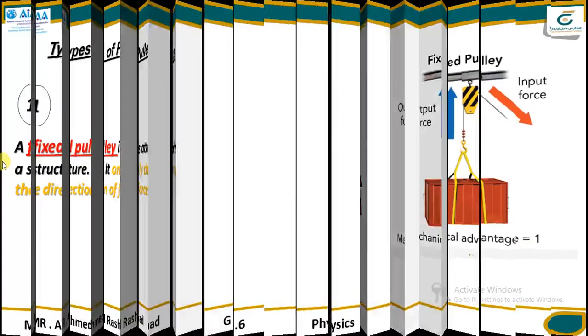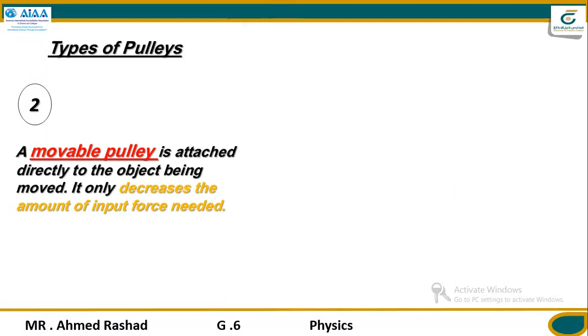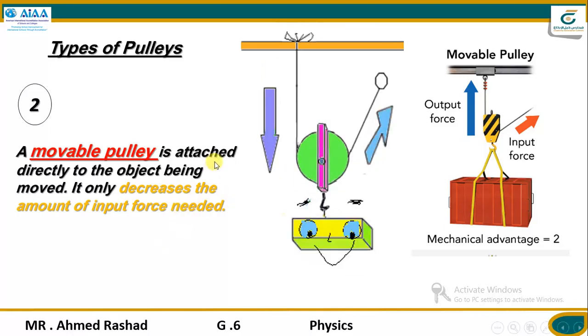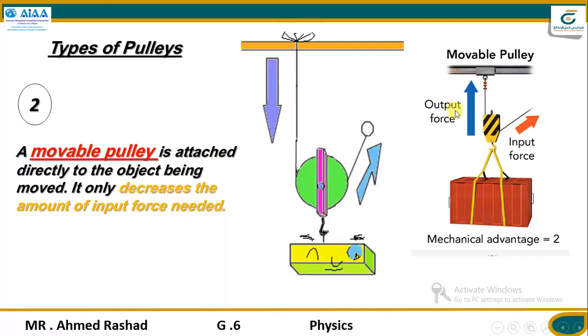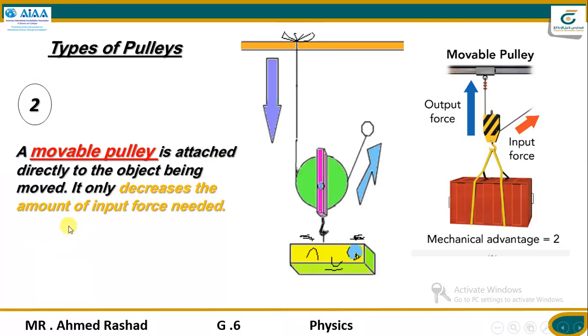Now talking about type number 2, the movable pulley. It's attached directly to the object being moved, so it moves with it, and it only decreases the amount of input force needed. We can describe the movable pulley as not changing the direction, but changing the amount of input force needed.